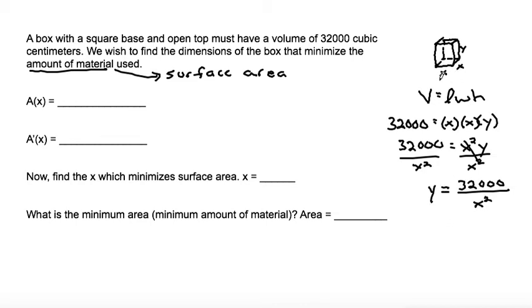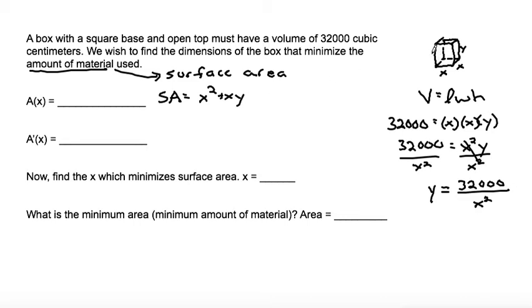Now we need to figure out an expression for the surface area. So surface area would be the area of each of my sides. Remember that the top of my box is open, so we don't have anything for that, but the bottom of the box would be x times x, which is x squared. And then the front of the box would be x times y, so plus x times y.